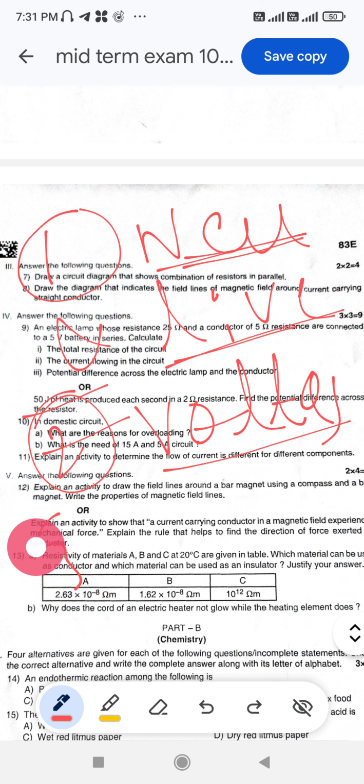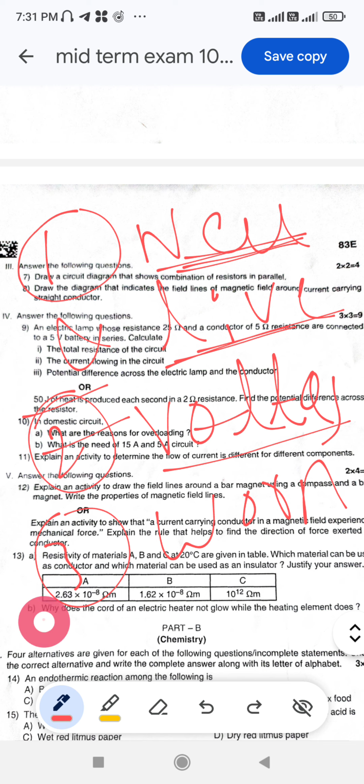And the third point, when the conducting wires like the neutral wire and live wire are worn out, meaning any damage or leakage is there, that also leads to overloading. And the fourth point we can write here: too many appliances connected in a single socket also lead to overloading.